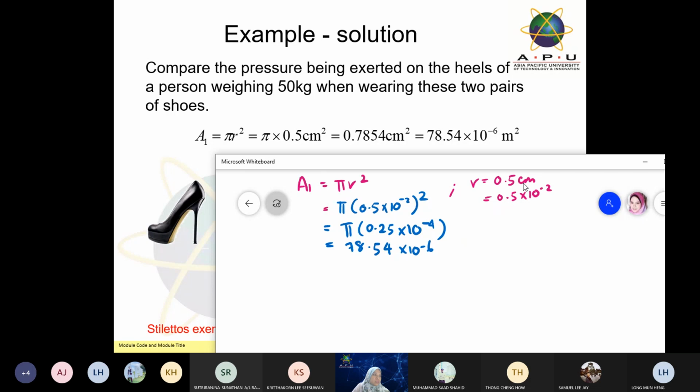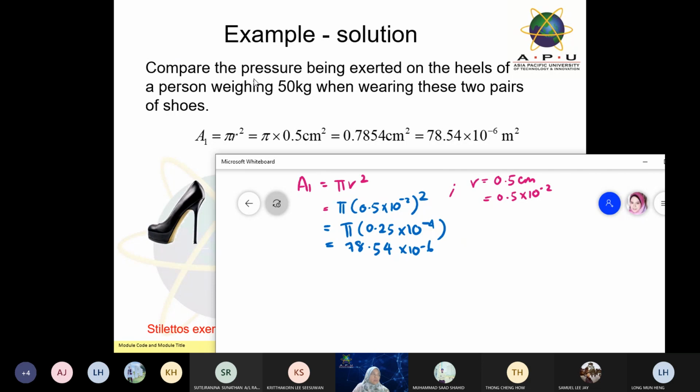If you don't know the centimeter, you convert at the side first. Miss, I wrote the area as 7.854 times 10 power negative 5. Yours is already the pressure answer. We haven't done that. We are still at the area answer.